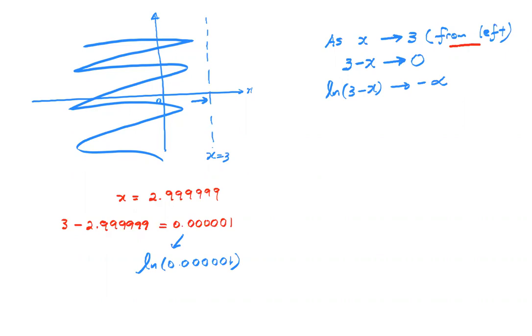But my function is f(x), which is ln(3 minus x) plus 1. I owe the bank 1 trillion. You try to help me by giving me 1 ringgit. I still owe a lot or not to the bank? Still owe a lot, correct? So it approaches negative infinity.